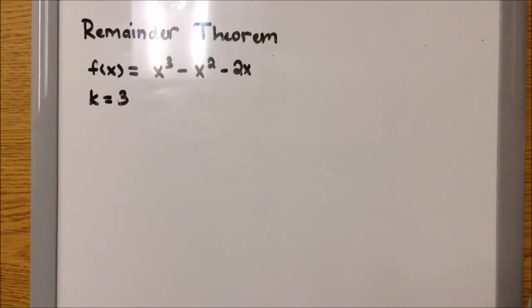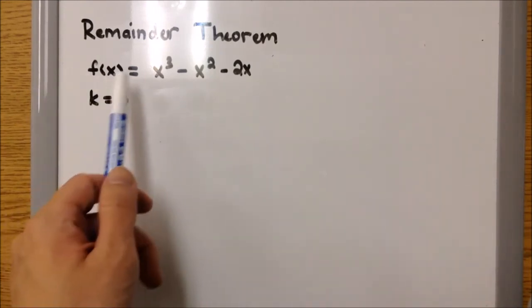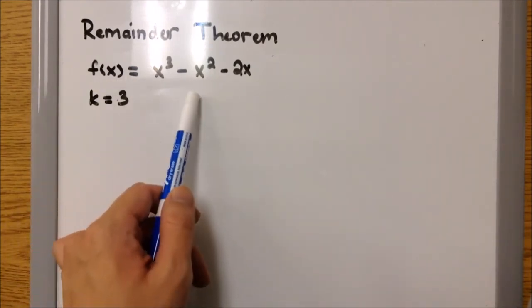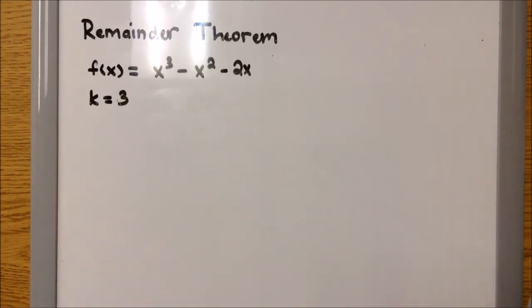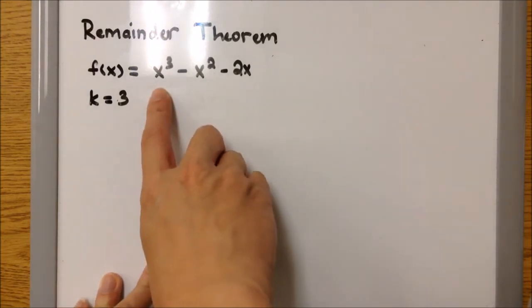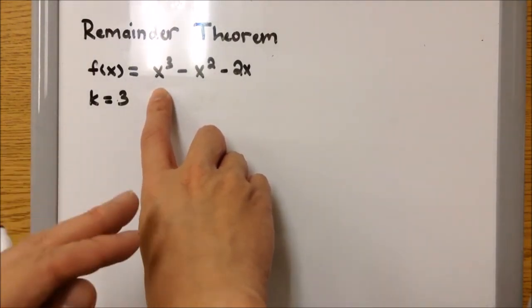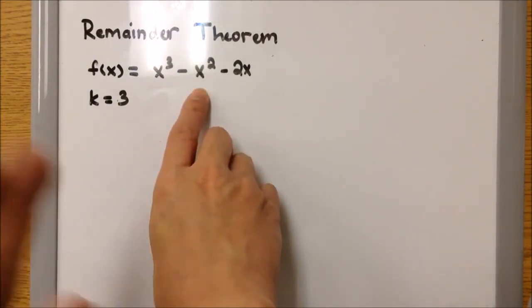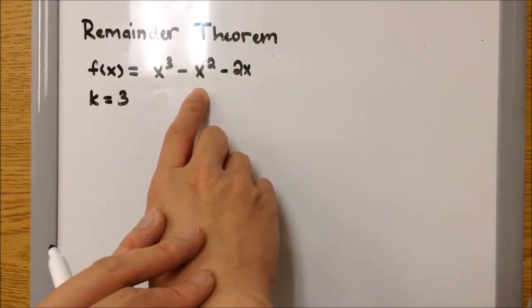For our second example, we have f of x equals x to the third minus x squared minus 2x. And since we're using division again, we have to make sure we have all of our terms, including the constant. So let's take a look. We have x to the third. What comes after is x squared, which we do have, so good. And then after x squared is x.